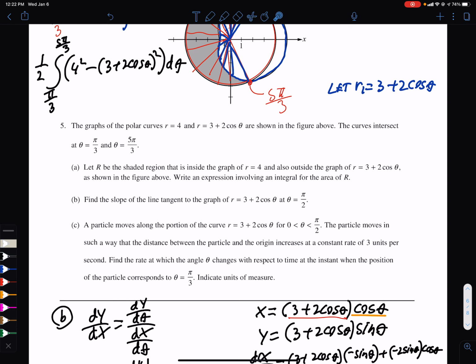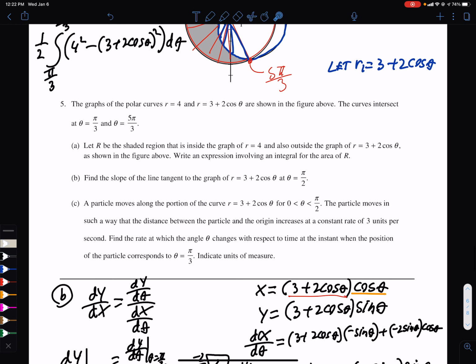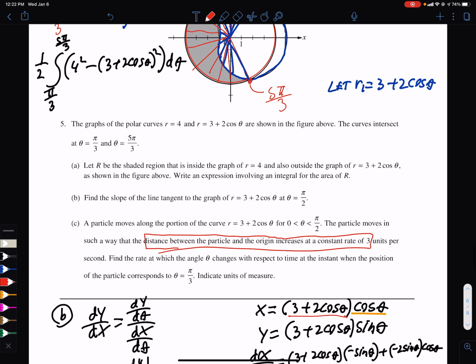The distance between the particle and the origin. So let's break this down. The distance between the particle and the origin increases at a constant rate of 3. The distance between the particle and the origin is r. So what that is saying is the rate of change of r is 3.